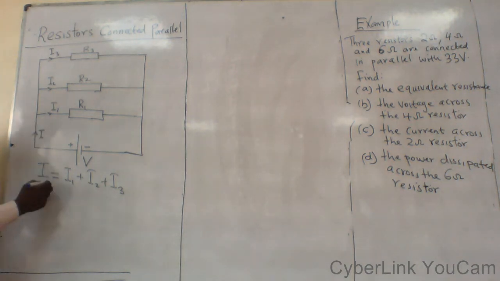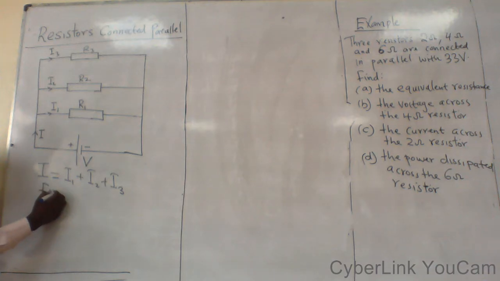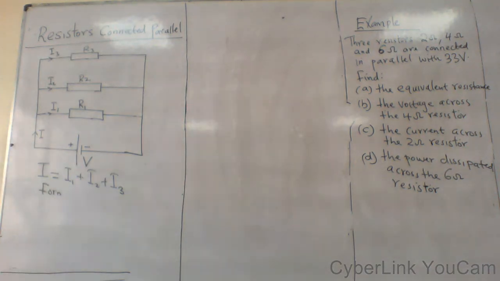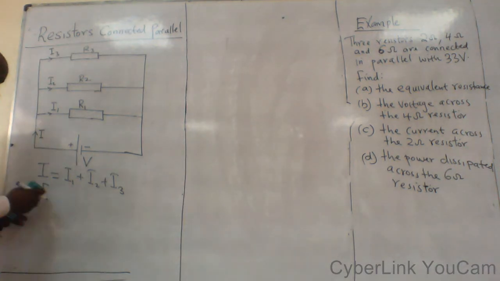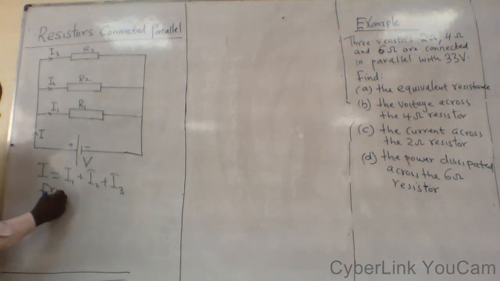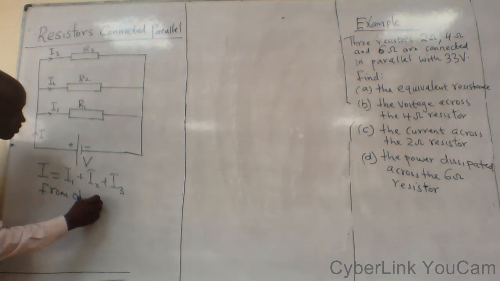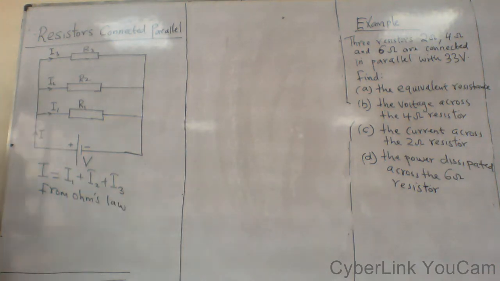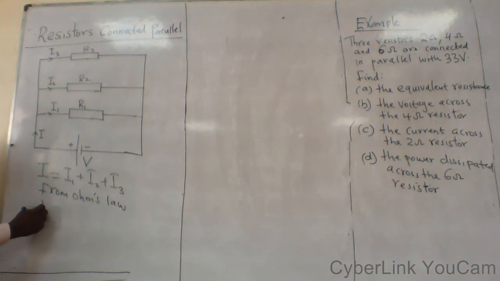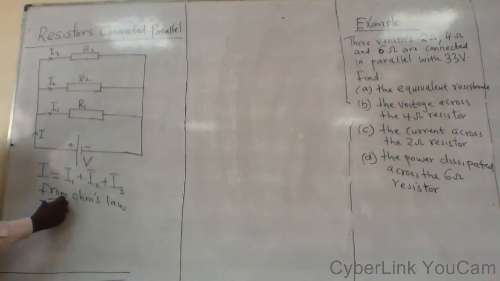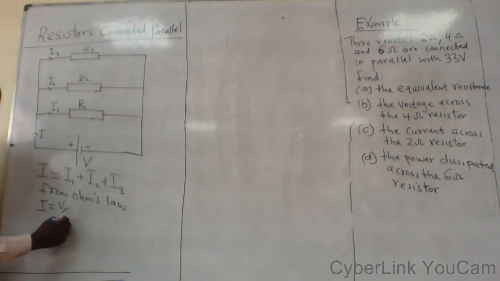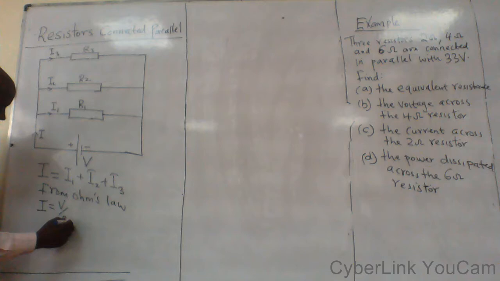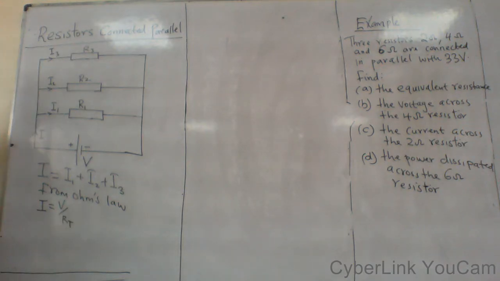Again, from Ohm's law, we know that the total current will be given by total voltage divided by the total resistance.